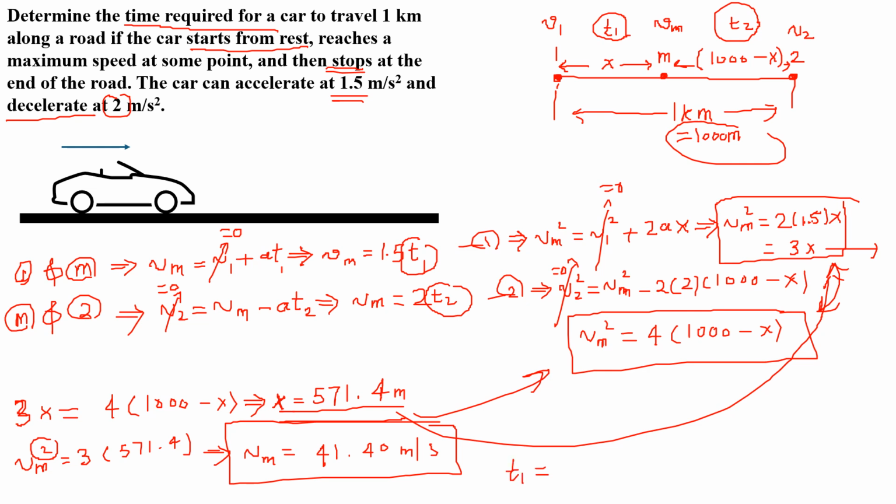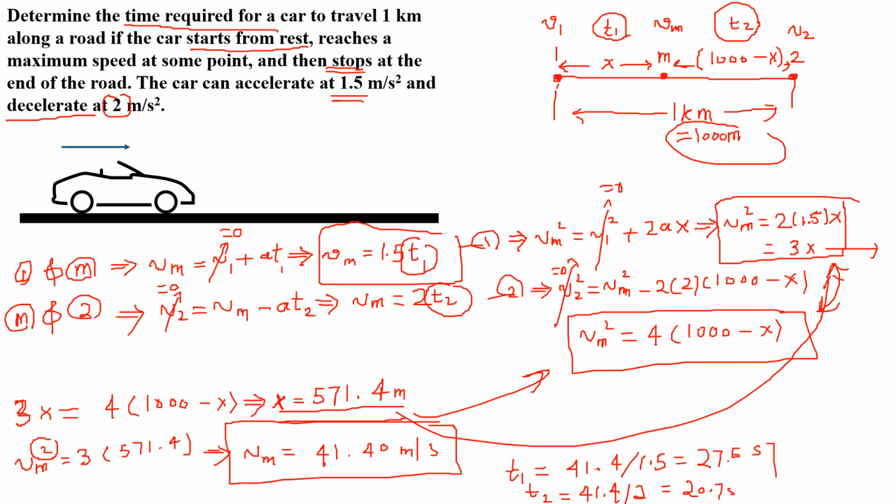T1 will be 41.4, from equation 1, over 1.5, and T2 will be 41.4 over 2. Now find that. I got T1 to be 27.6 seconds, and T2 I got 20.7 seconds.